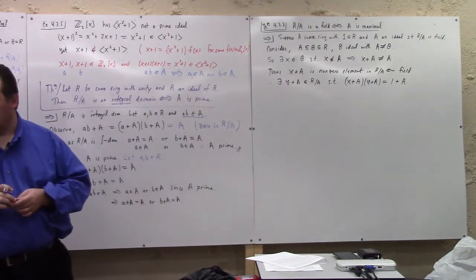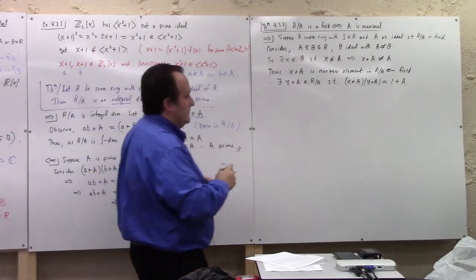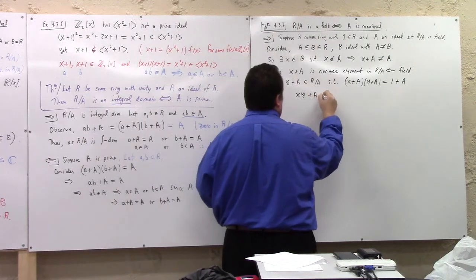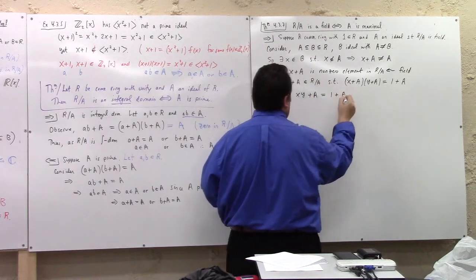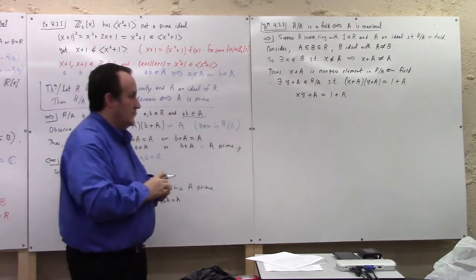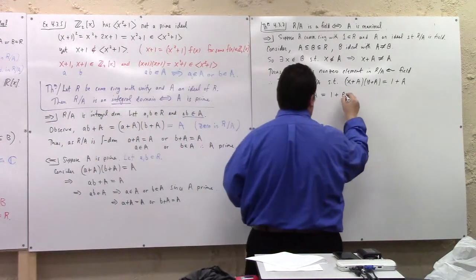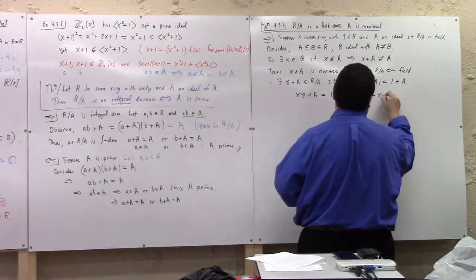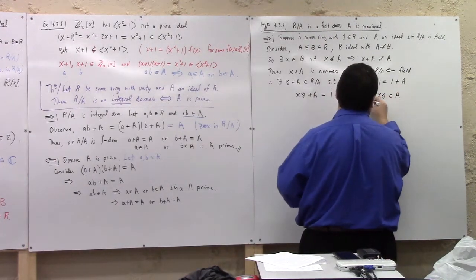But by the definition of the multiplication in the factor ring, this gives us xy plus A is equal to 1 plus A, right? What does that mean? That means that 1 minus xy is an element of A, right?